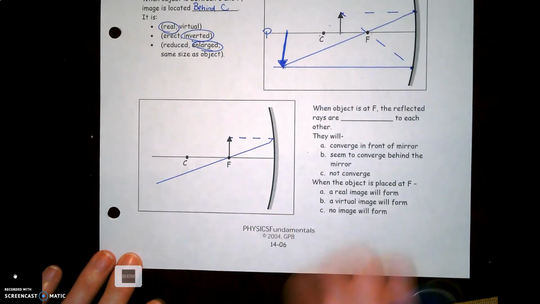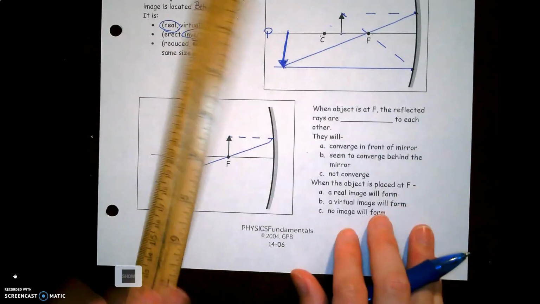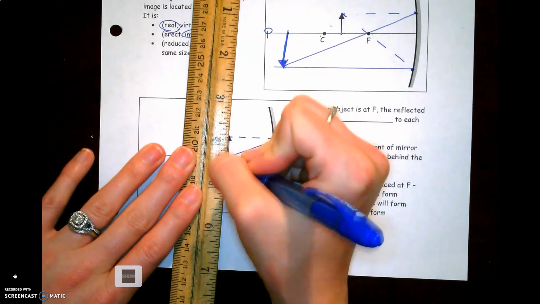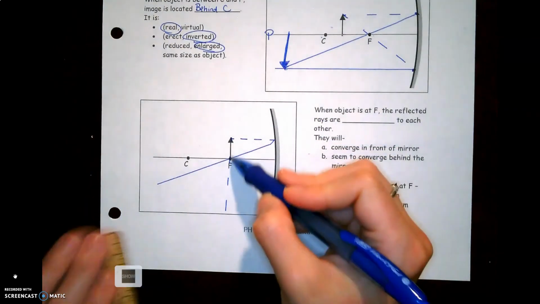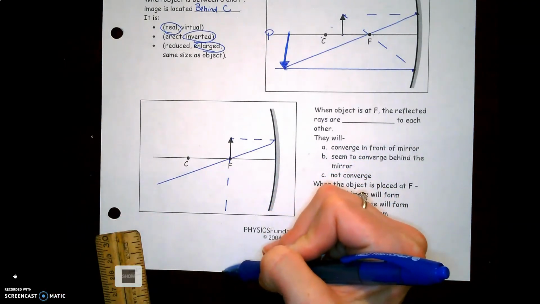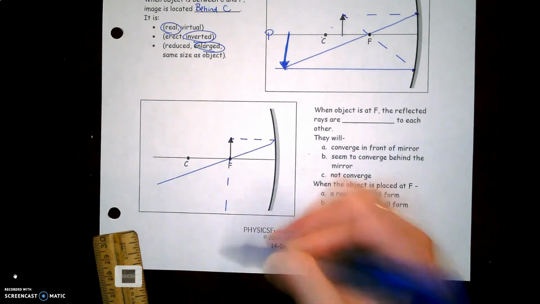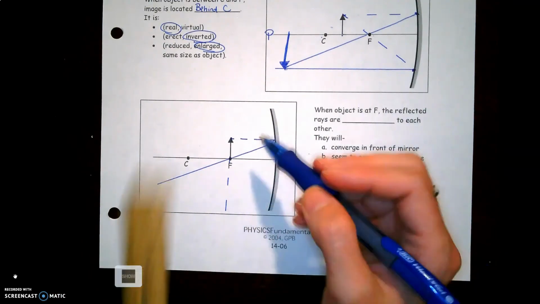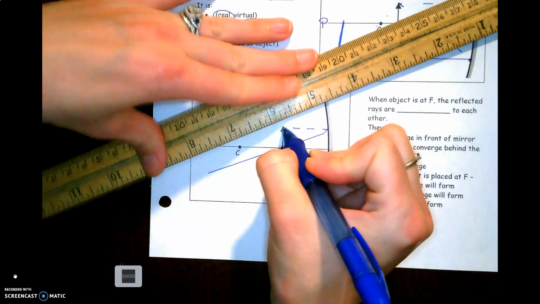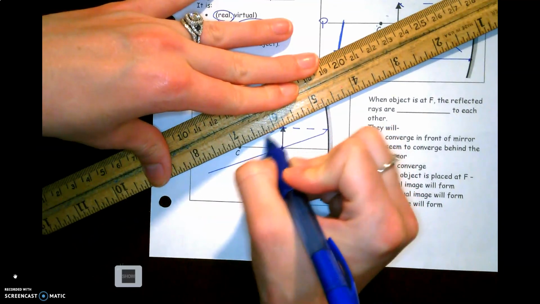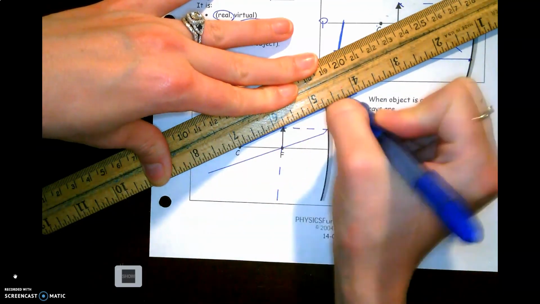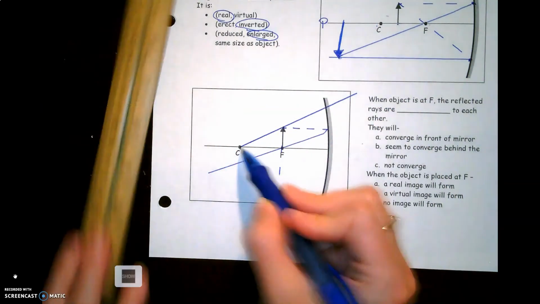Then our second incident ray is start at the top of the object, and that's going to go through F. That incident ray is never going to hit the mirror, so we cannot draw our second reflected ray, so we skip that step and go to the third step, which is starting at the top of the object, going to C and back to itself. So essentially just a straight line from the top of the arrow to C.